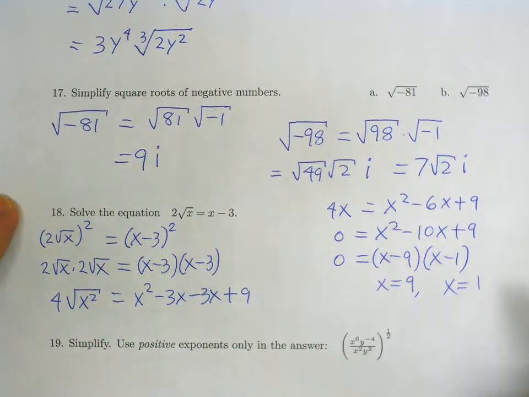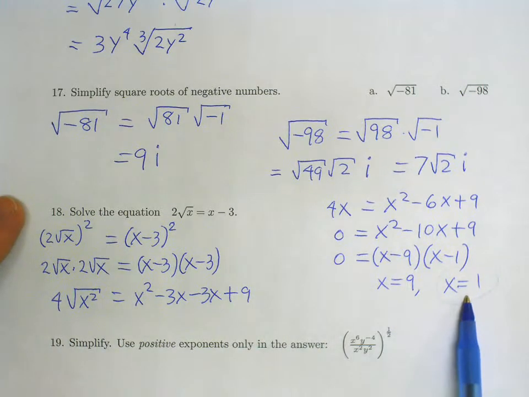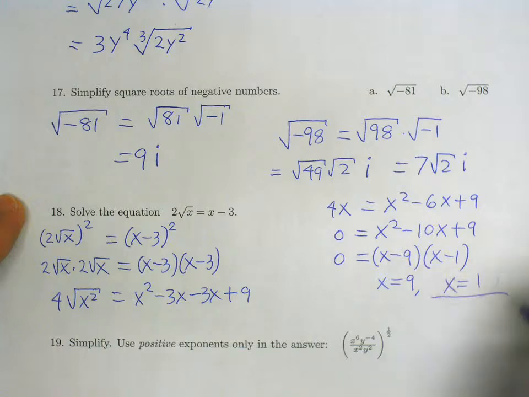Okay, but note, if we check these answers, x equals 1, we get a problem. Replace every x with 1. We get 2 times the square root of 1 on the left-hand side. On the right-hand side, we get 1 minus 3. And the square root of 1 is 1, so 2 times 1 equals negative 2.